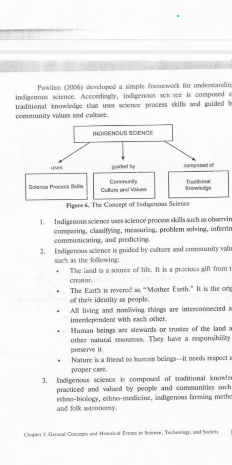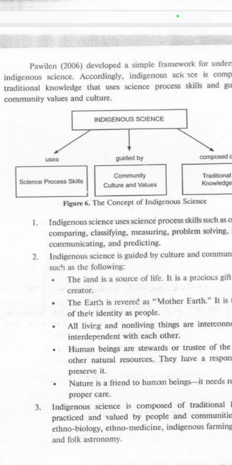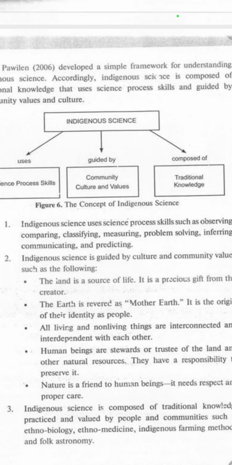So literally, indigenous science uses science process skills. Correct. That's why I'm saying a while ago that science is part of indigenous science, while indigenous science is part of the indigenous knowledge system. Not only that, indigenous science is guided by community or culture. That's why it's called traditional, because it is used by our ancestors. Not only that, it is composed of traditional knowledge.